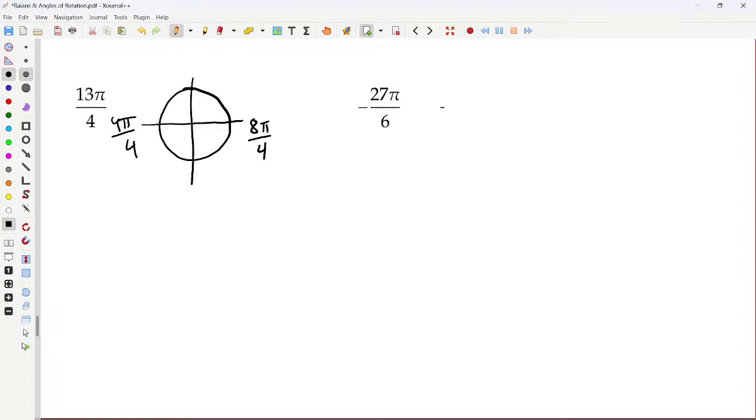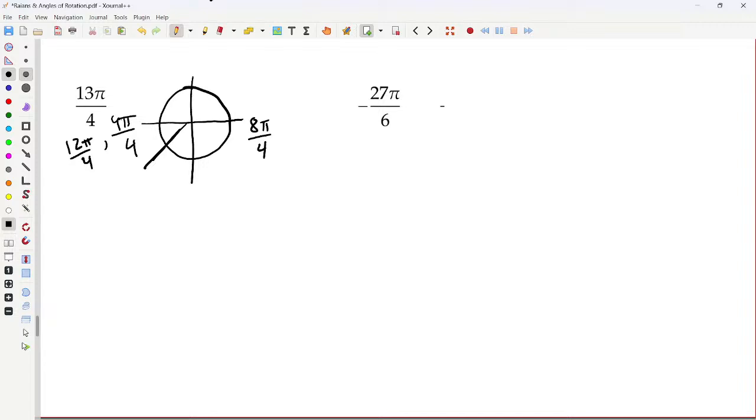Another 4 would bring me to 12. So I'm like over here again. And then 13 would be right here. So I really just want this angle right there. 13 pi over 4 is right here.